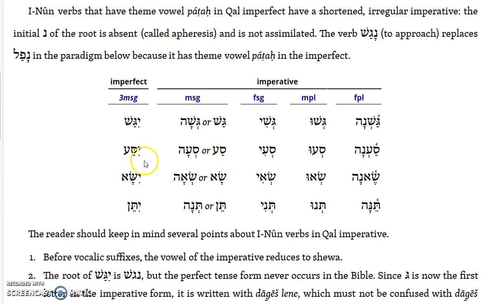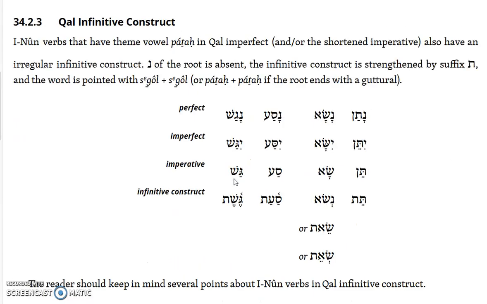So with yissa, it isn't sa with two s's somehow, but just one s and no doubling. The doubling disappears. Move on to the Qal infinitive constructs.